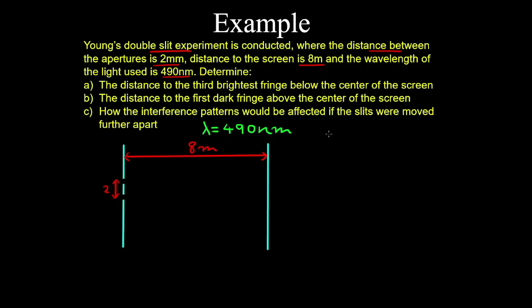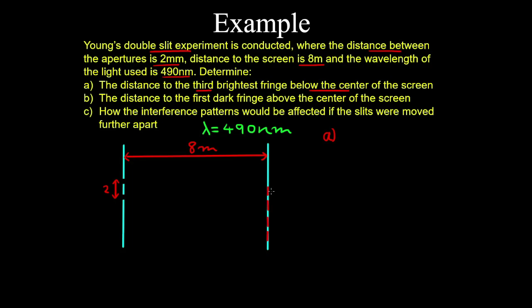So in part A, we're asked for the distance to the third brightest fringe, below the center of the screen. So remember, we had the first bright fringe in the middle, and that's followed by the second, third, and so on.